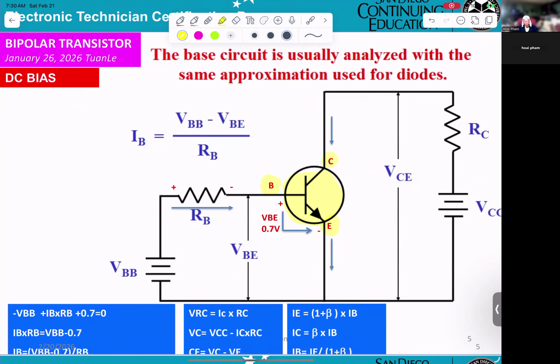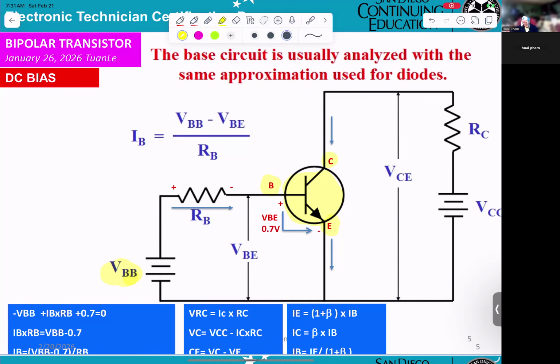That's only telling you if the input applied is higher than 0.7, then the transistor will be on, and the current flows from the base to the emitter.